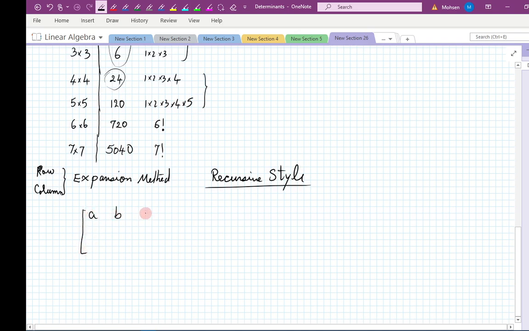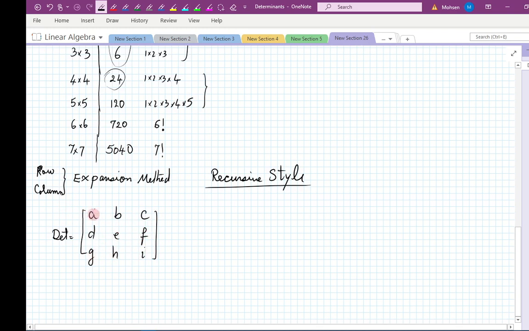So I write this thing. I'm not going to write numbers so that we don't get sidetracked by A, B, C, D, E. I forgot my alphabet, D, G, H, I. Suppose I want to calculate determinant of this. First, I go ahead and choose a row or a column.